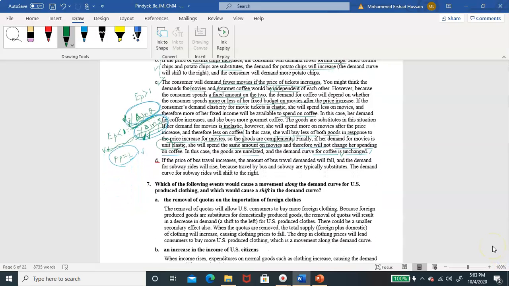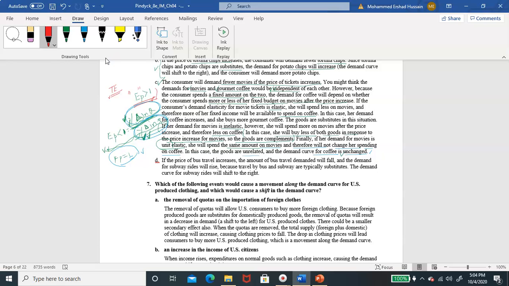So here we can also explain one thing. When something has elastic demand, that means when price increases, total revenue, total expenditure on the item, will decrease.